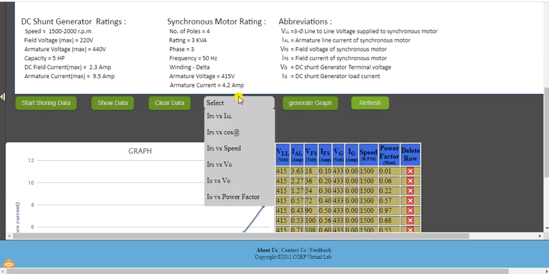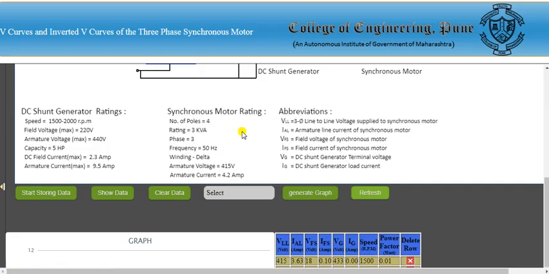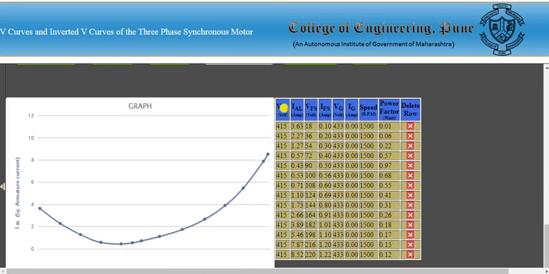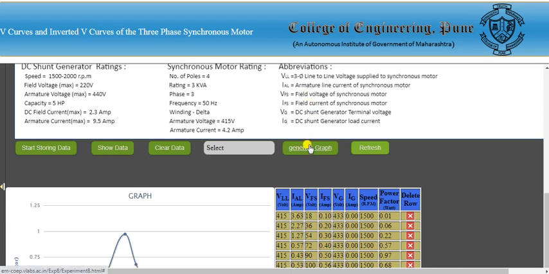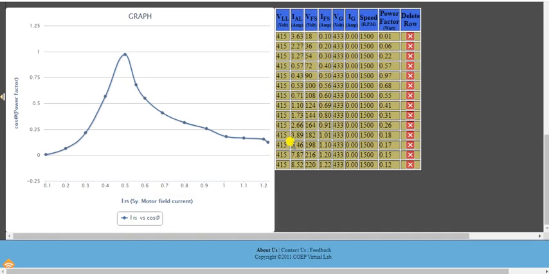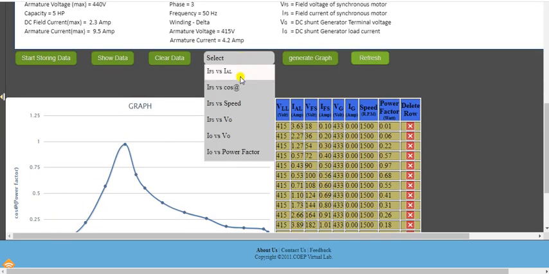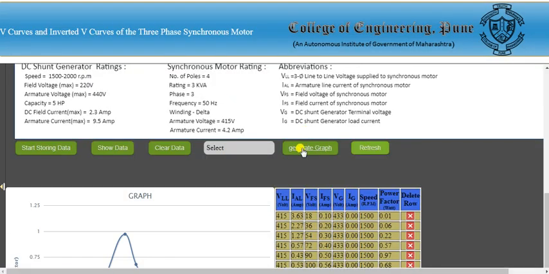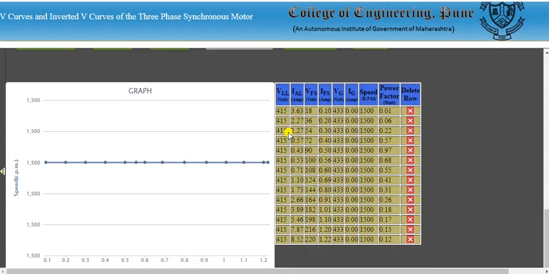Then see the next graph, field current versus power factor, the inverted V curve. Generate graph. This is called the inverted V curve, where field current is on the x-axis and power factor is on the y-axis. Again you can see field current versus speed, and this is the graph.